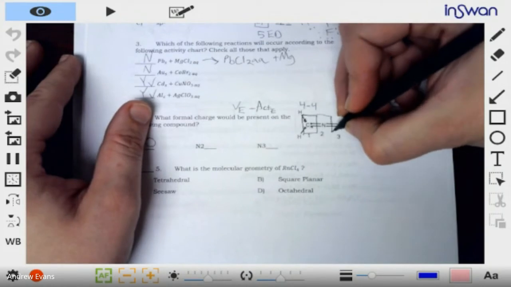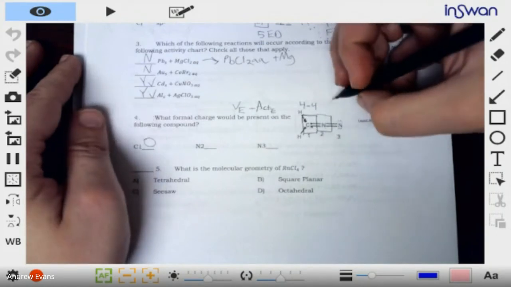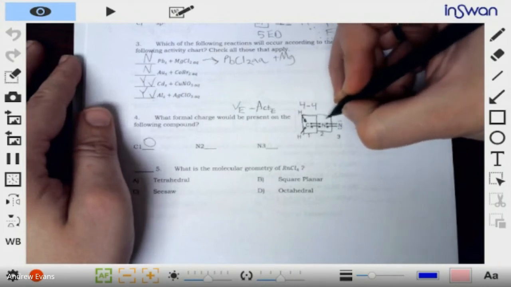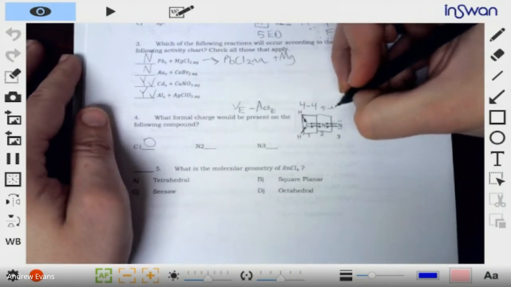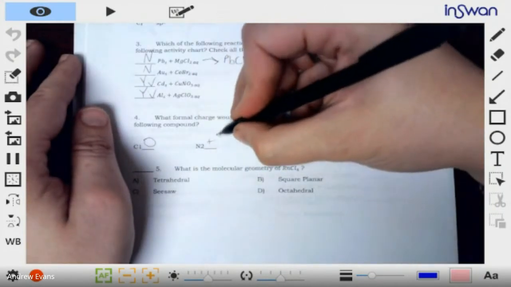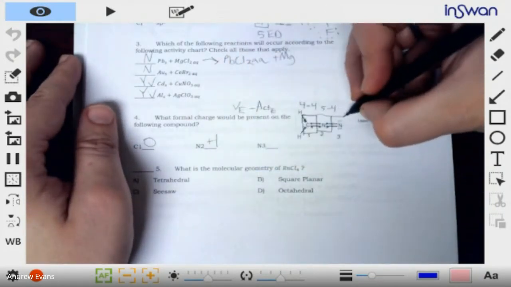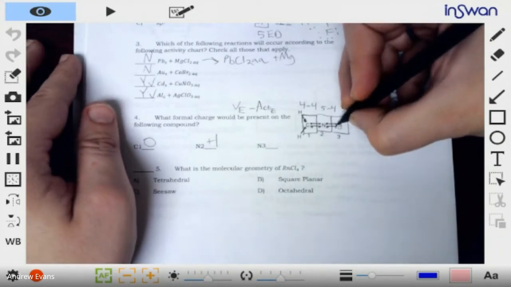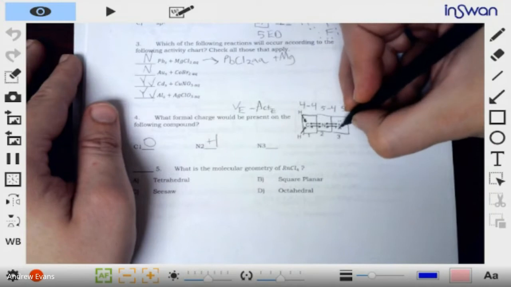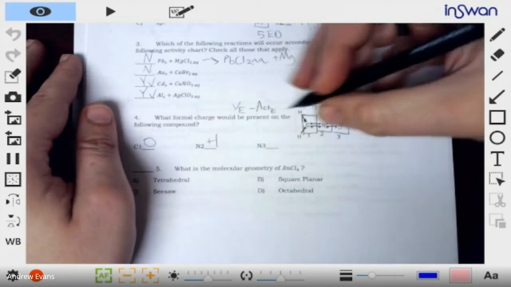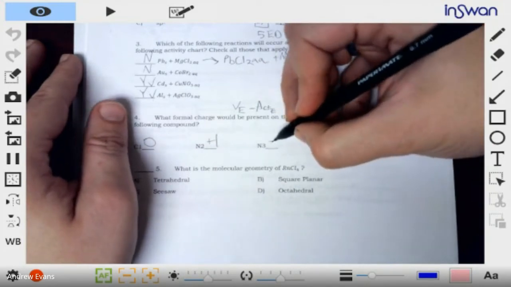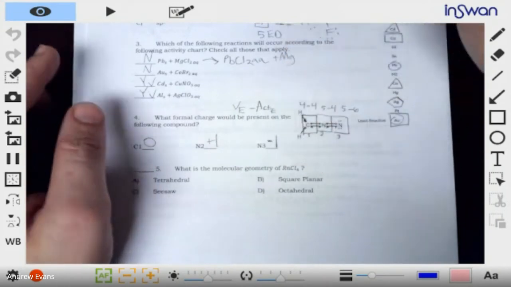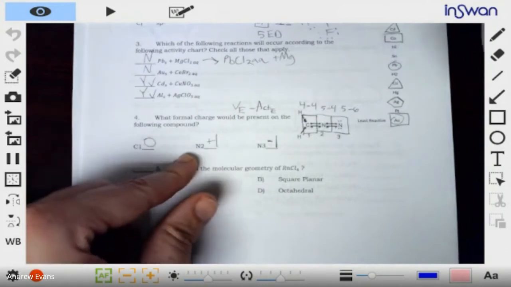What about nitrogen, atom 2? Nitrogen is group 5, yet we see 1, 2, 3, 4. So 5 minus 4 puts us at positive 1. And nitrogen 3, also group 5, count 1, 2, 3, 4, 5, 6. Each lone pair counts as 2 because they're fully on the atom as opposed to being shared. So our answer is 0, plus 1, minus 1.